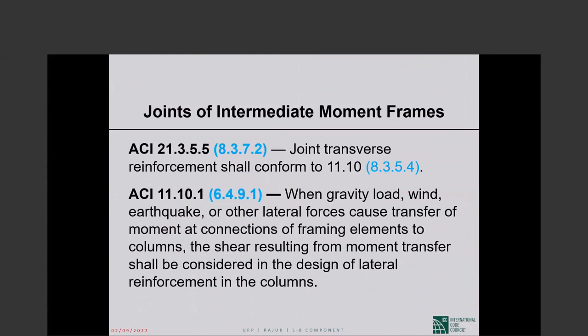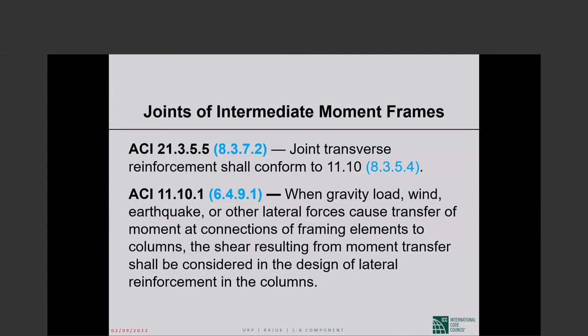Okay, last topic, joints of intermediate moment frames. There isn't much of a requirement up until 318-19 has changed everything, but that's in the future for you. Okay, when gravity load, wind, earthquake, or other lateral forces cause transfer of moment at the joint.